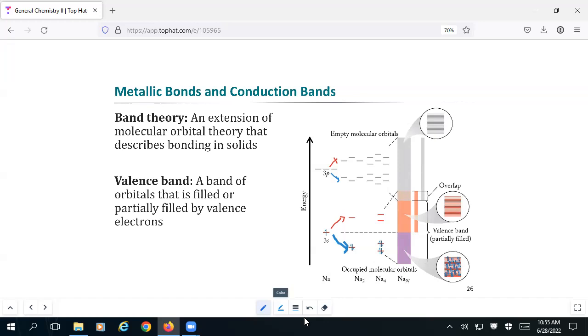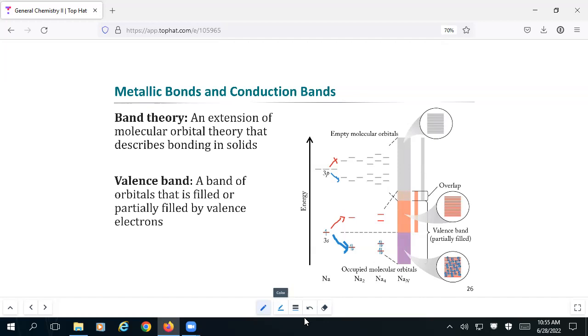Now, in metals, what happens is that this valence band, the band that has electrons in it, overlaps in size with the empty band, the conduction band. Because that overlap exists, the electrons are able to freely move from any of those molecular orbitals to any of the other ones if they are provided enough energy.